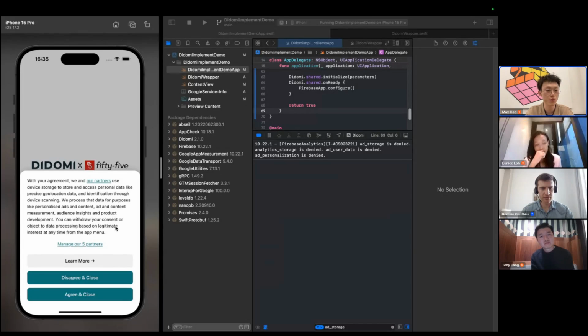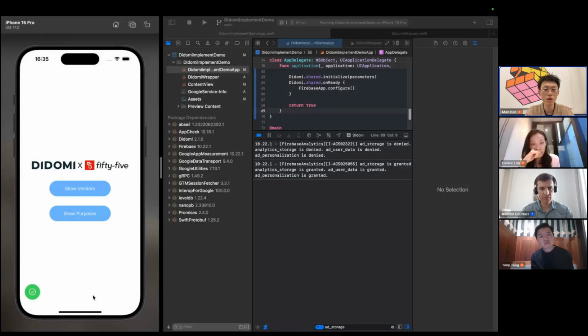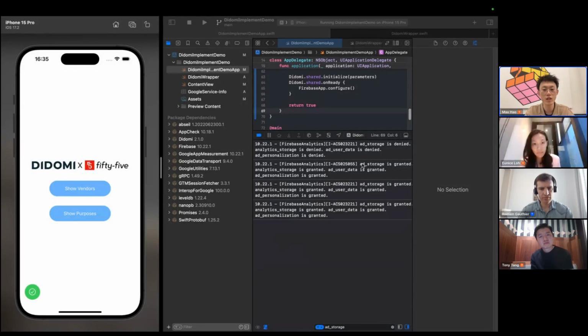Say if I choose agree and close, you'll first see that our consent mode parameters are denied. This is set up by me as a default behavior. When I choose agree and close, you'll start to see that ad storage, analytics storage, as well as the V2 parameters are all being granted.